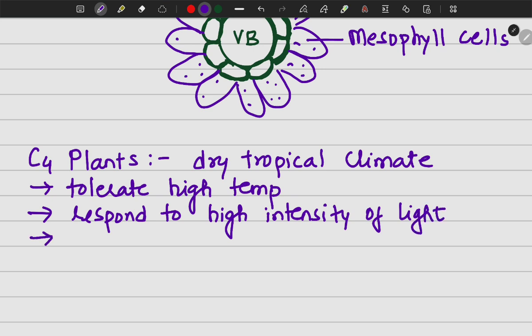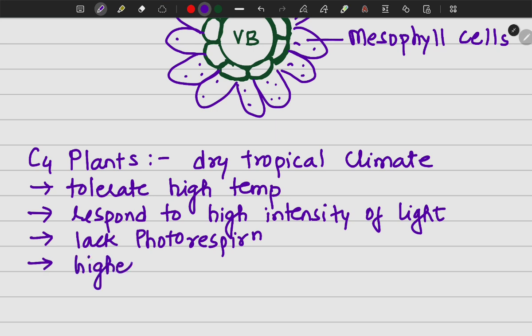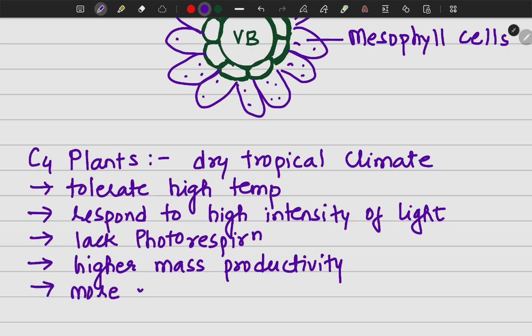They lack photorespiration. What is photorespiration? We will study in the next lecture. For now, you just have to remember that photorespiration does not occur in C4 plants, and they have higher mass productivity. Or we can say that they are more efficient in photosynthesis as compared to C3 plants.